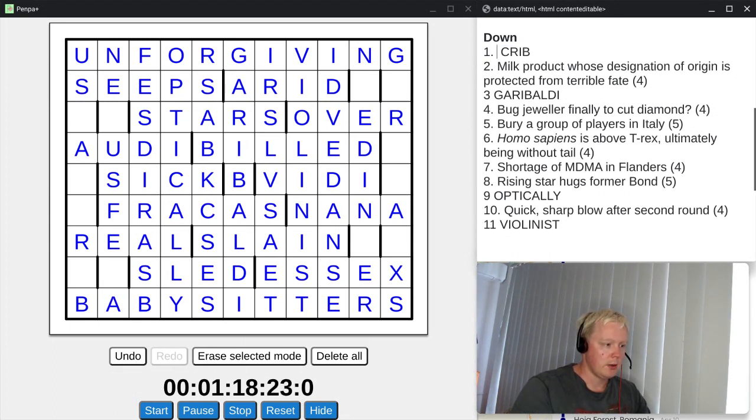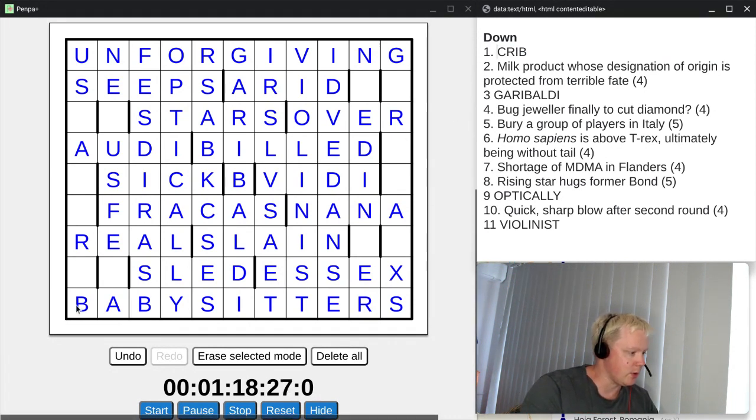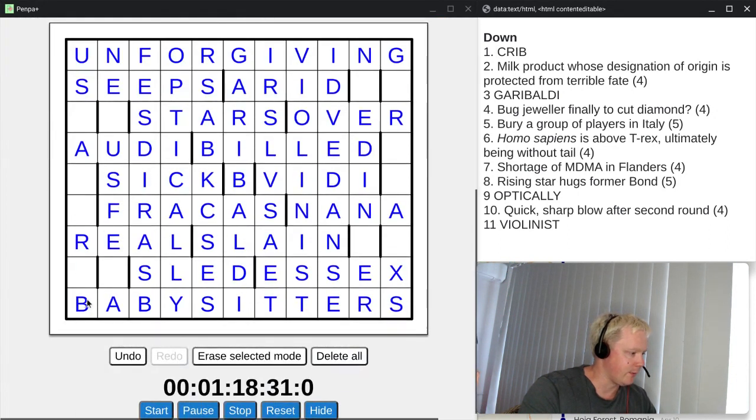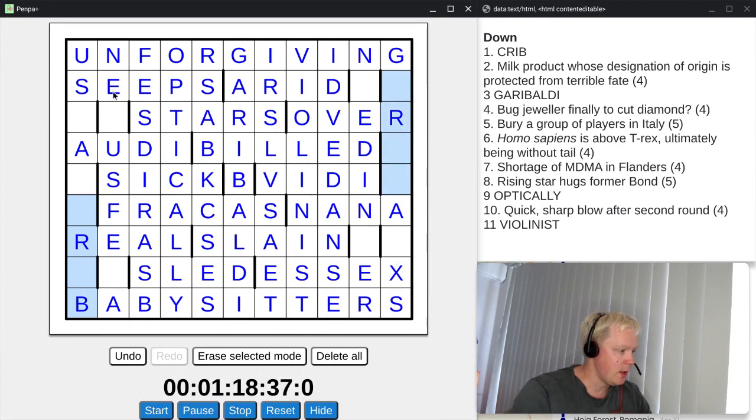So crib is a down answer, and we can look at where it goes. So there's a B here. Do we have the right tool? So crib could fit here. Could also fit there. Two options. Are there other options? I don't think there are. No. Two options.